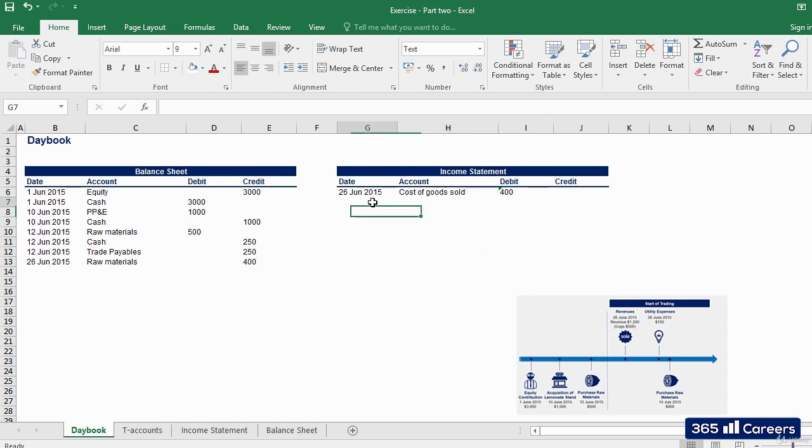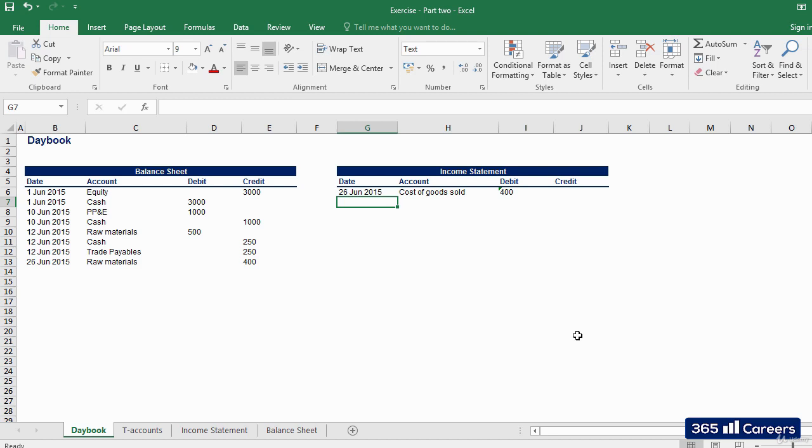Next, we need to account for the firm's revenues. The two friends were able to sell lemonade for $1,200. Clients pay for the lemonade directly with cash, and this is why we will have the following entries. On the 26th of June, the firm was able to increase its cash by $1,200. Cash is an asset. Therefore, we have to debit the cash account. The money was received because the firm generated revenues.